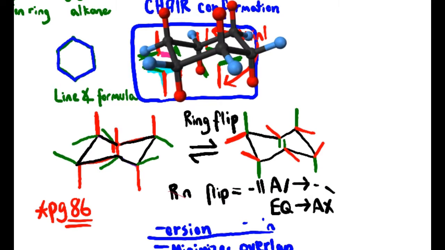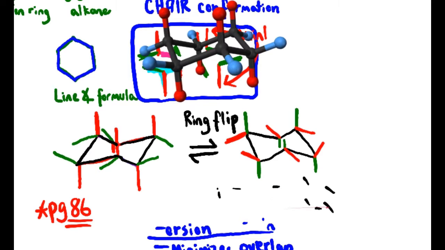So in the case of cyclohexane, since all of the atoms that are bonded to cyclohexane are all hydrogen atoms, both of these structures would be of identical energy because in both cases they both have all of the bonds staggered, and in both cases all of the hydrogen atoms that are coming off the ring are all equally spaced out.